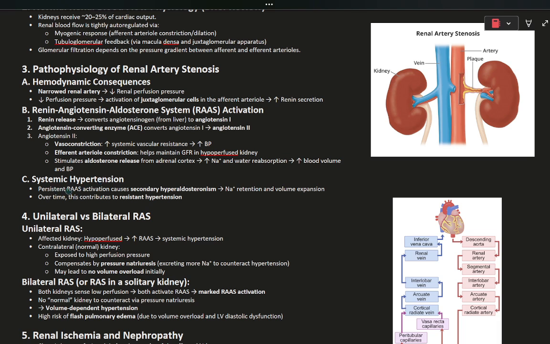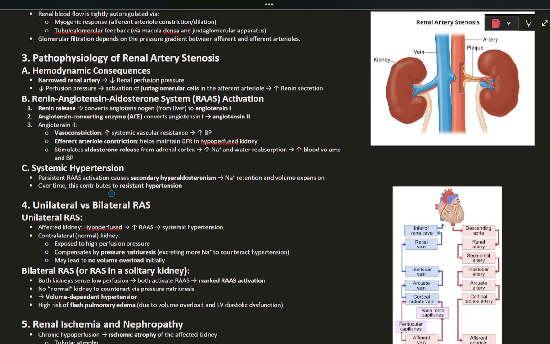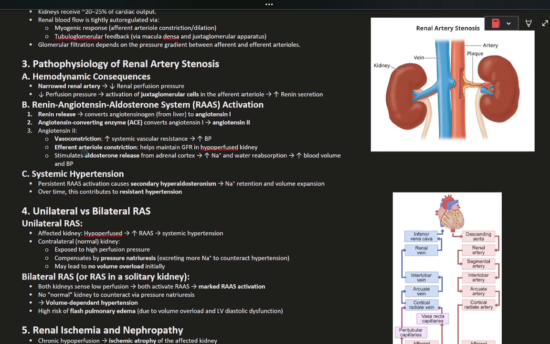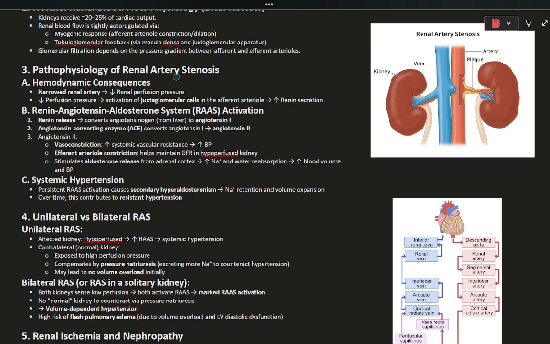This is because persistent renin-angiotensin-aldosterone system activation causes secondary hyperaldosteronism, where sodium retention and volume expansion prevails. So remember that sodium retention and volume expansion due to persistent RAS activation signifies secondary hyperaldosteronism. And then over time, this is going to contribute to resistant hypertension.